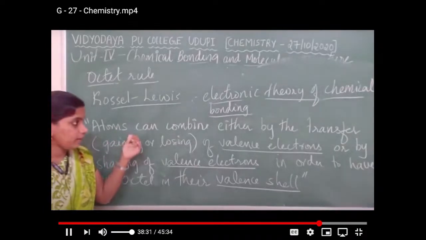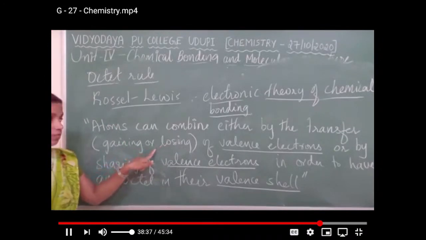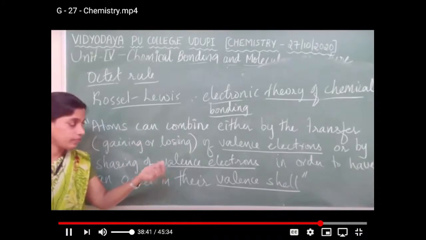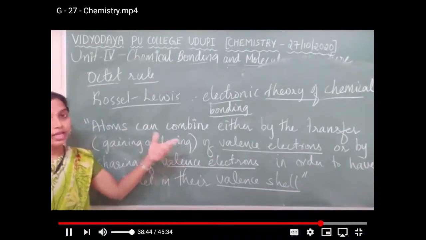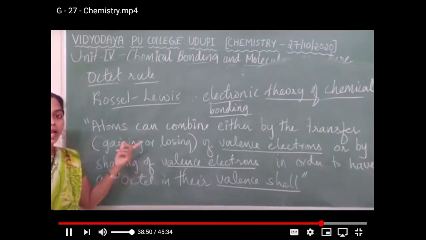So atoms will combine by the transfer of electron or by sharing of electron. Transfer of the electrons means one atom will give its electron, that is losing its electron, the other atom will gain the electron. So that is forming the ionic compound there.